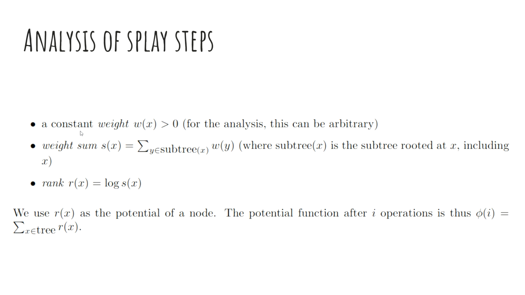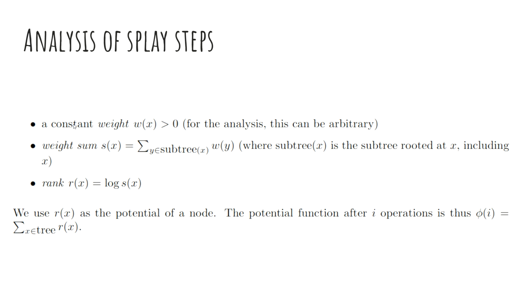We have a constant, which is the weight, w of x, that has to be greater than 0. The sum of these weights is called s of x. It's equal to the summation over all elements of the subtree of x, including the x element, summing all these constants.